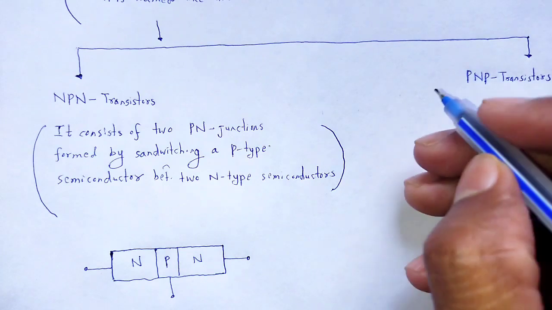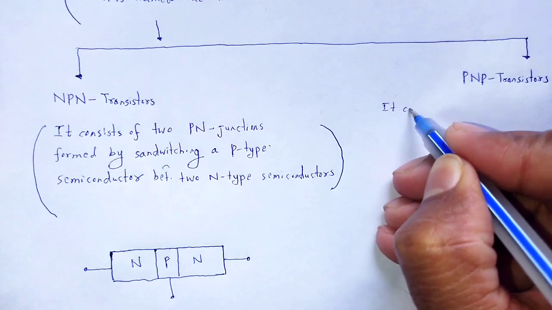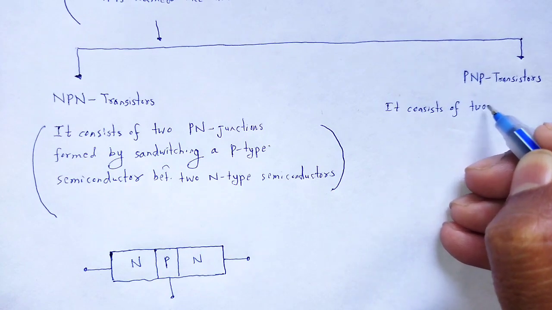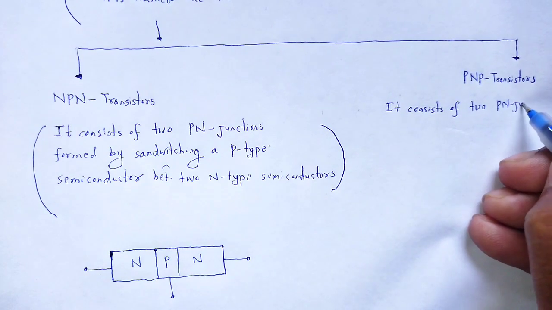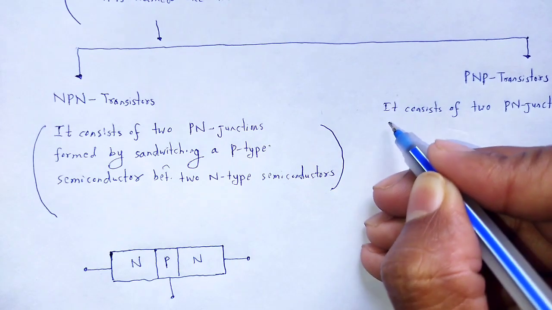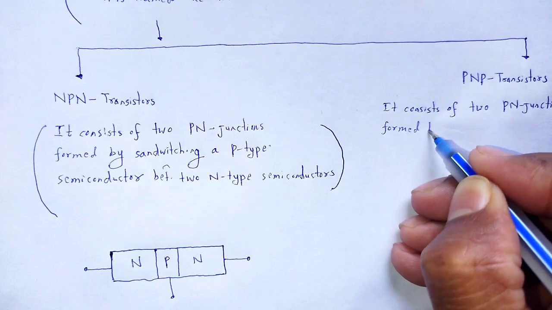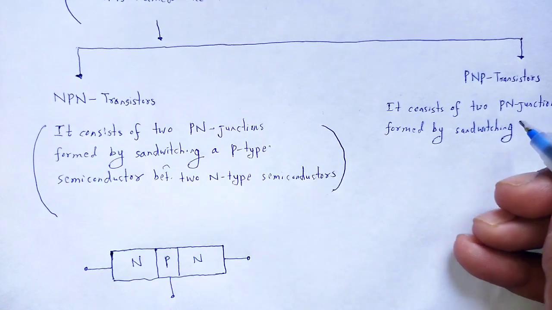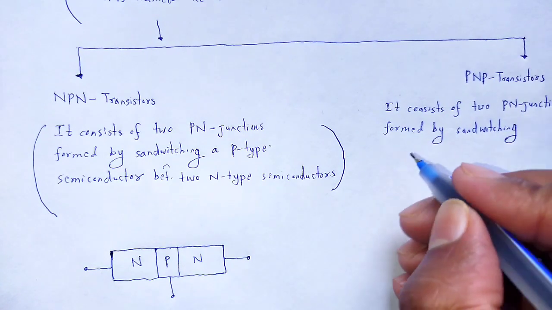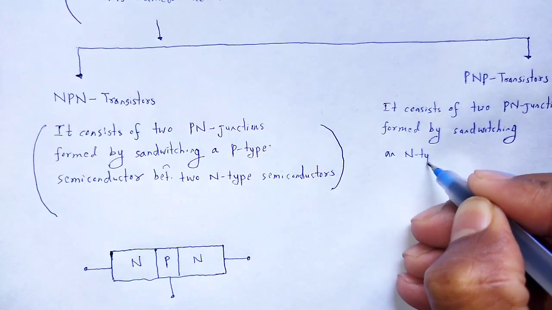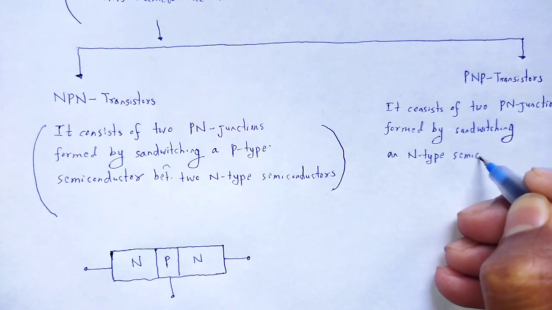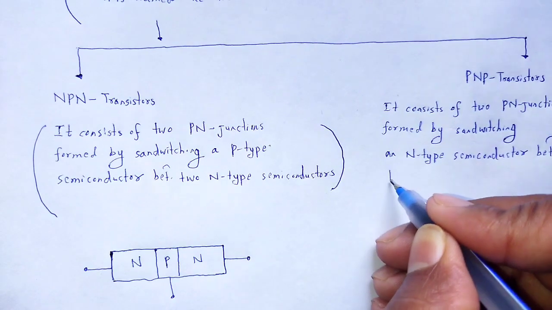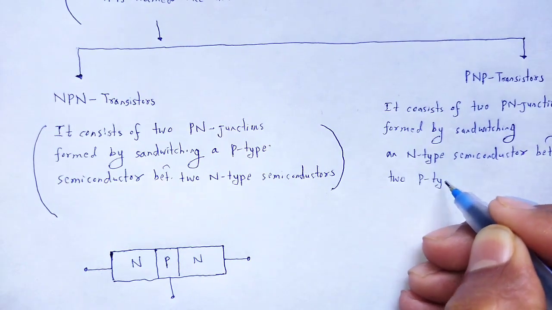Similarly, another type of bipolar junction transistor is PNP. In case of PNP, it consists of two PN junctions formed by sandwiching an N-type semiconductor between two P-type semiconductors.